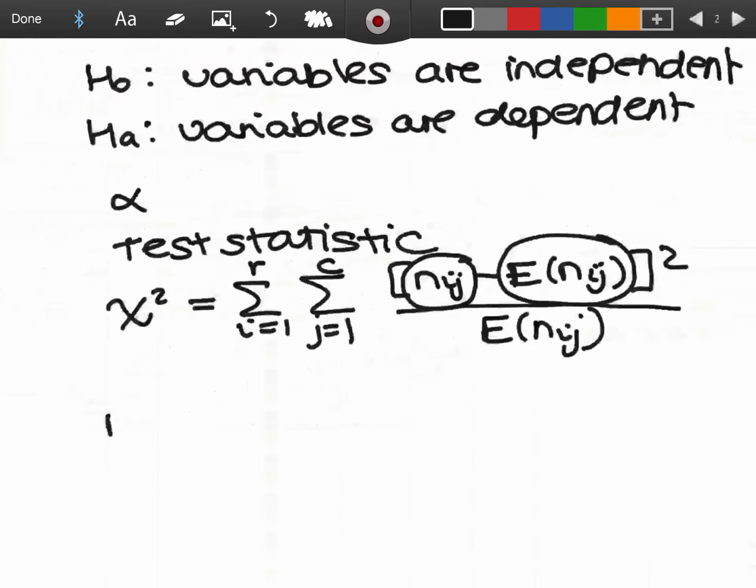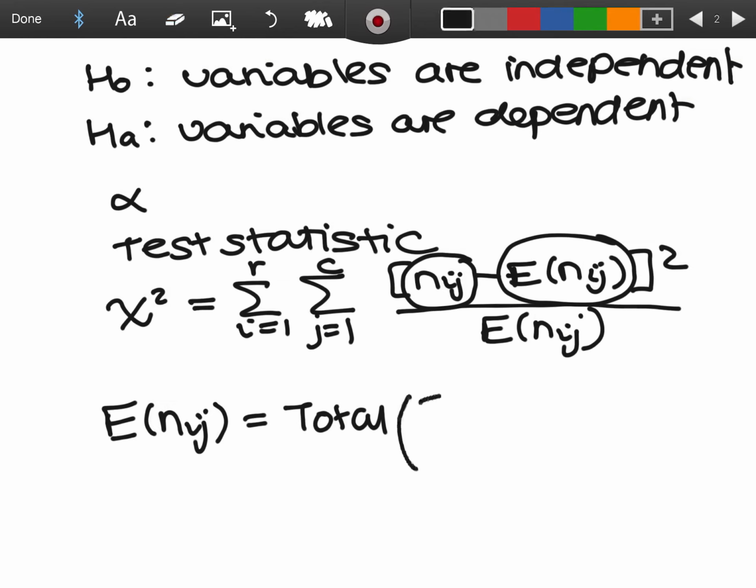But whenever you do Enij, the number of people that you expect to fall into the cell ij, row i, column j, it's always the total number, and then the total for row i divided by that total, times the total in column j divided by the total.